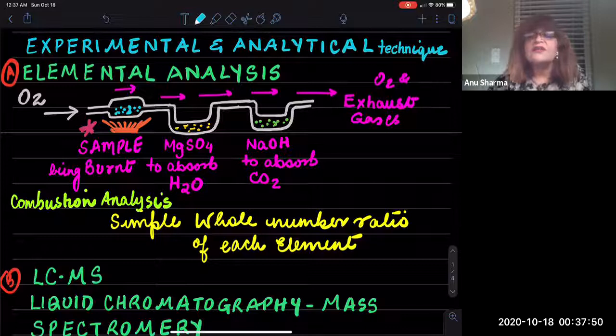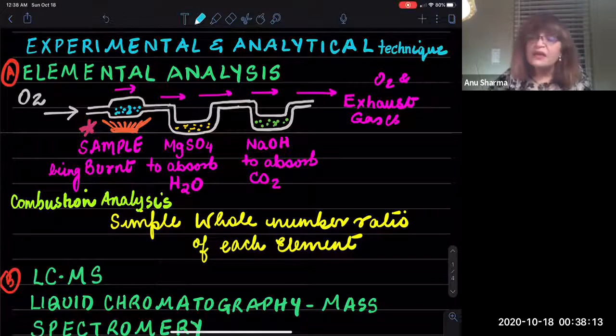Next, the gases move to the next chamber, which contains sodium hydroxide. You take the weight before, then the weight after the combustion. The difference is going to give you how much carbon dioxide has been absorbed by sodium hydroxide. Now, where did carbon dioxide come from?